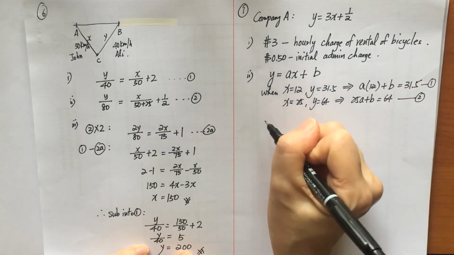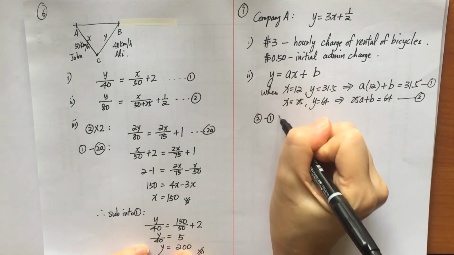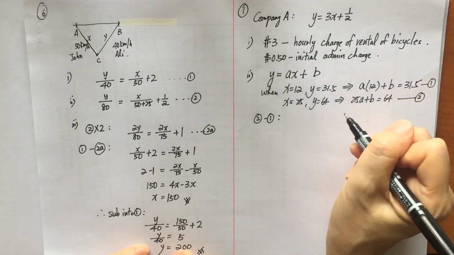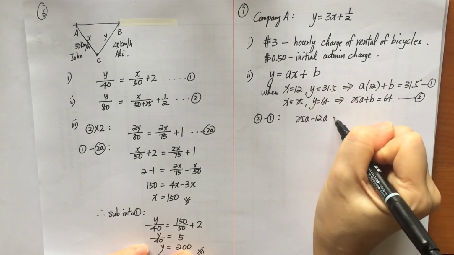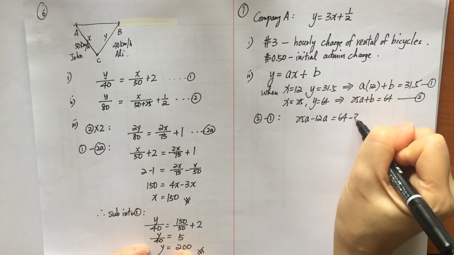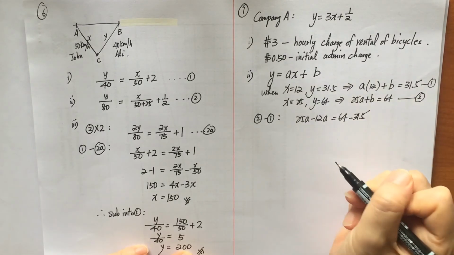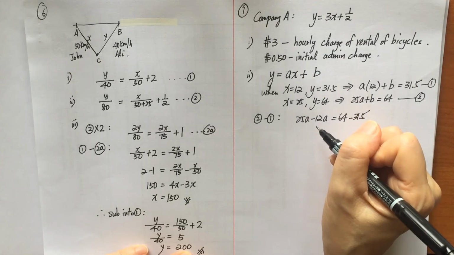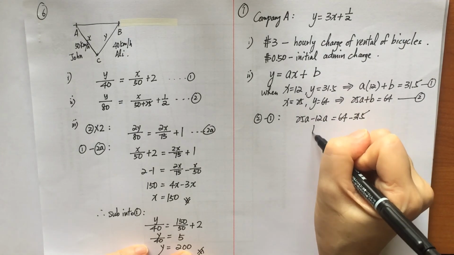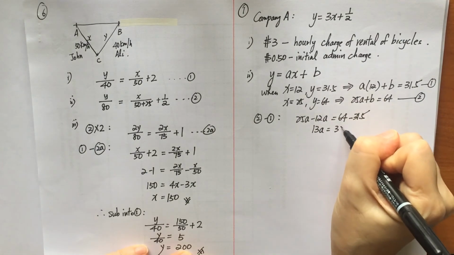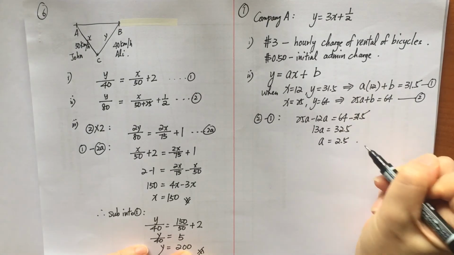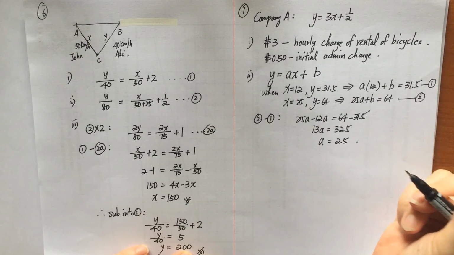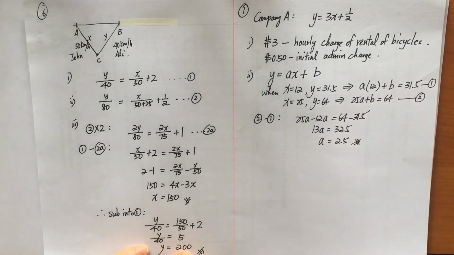It's quite easy. Equation 2 subtract equation 1, so you have 25a minus 12a equals 64 minus 31.5. So here we have 13a equals 32.5, so a is actually 2.5. We have found out what a is, and the answer is correct. Next, what is b?